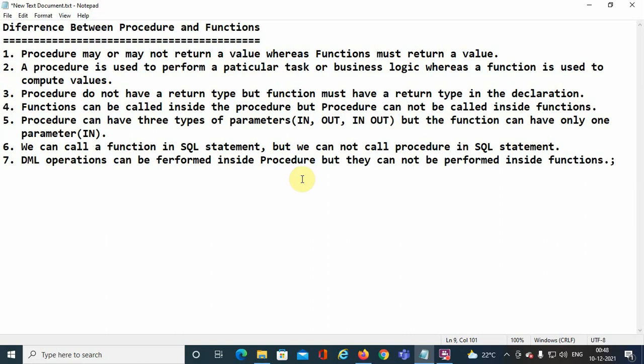So these are the very important differences, from 3 to 7.